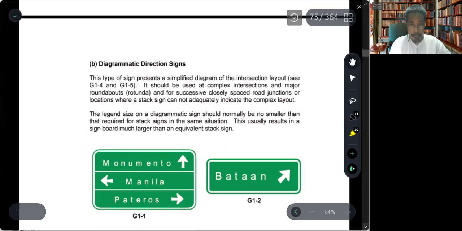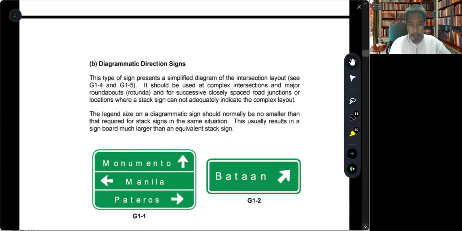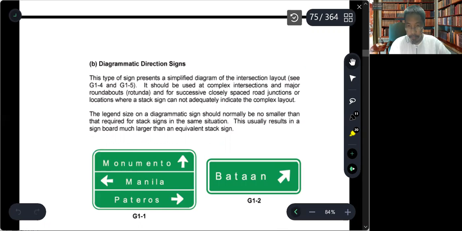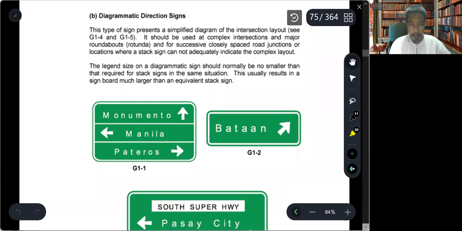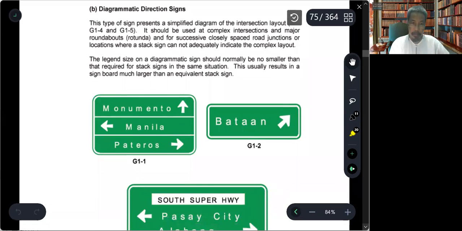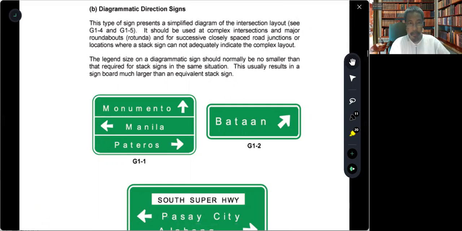So we have this type of samples. Letter B, diagrammatic direction signs. This type of signs represent a simplified diagram of the intersection layout, G1-4 and G1-5.